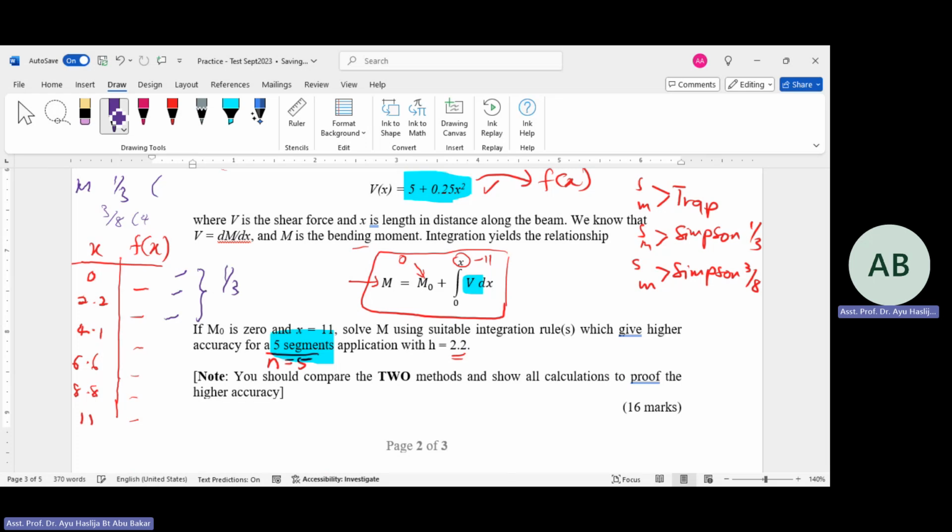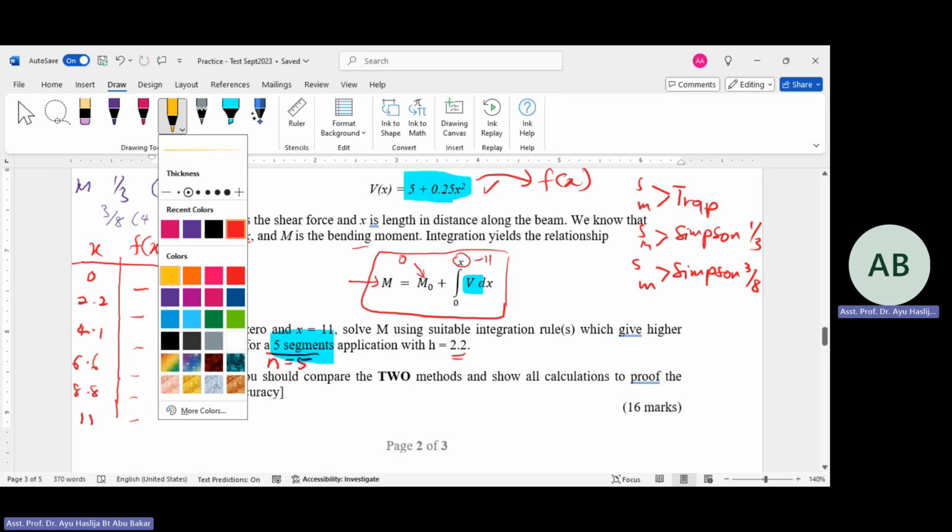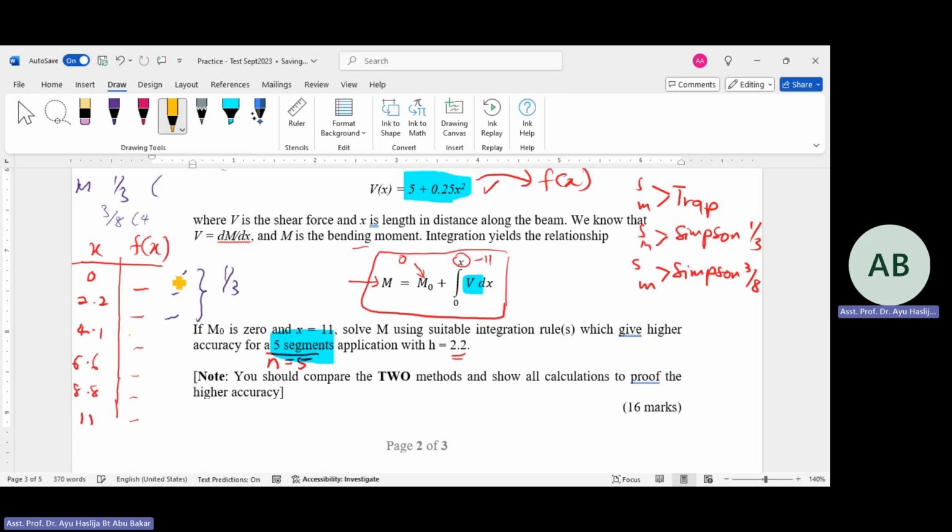The next 4 points, 1, 2, 3, 4, you can use 3/8. So later on you will combine the integration using 1/3 plus the integration using 3/8. Then you get your final answer.